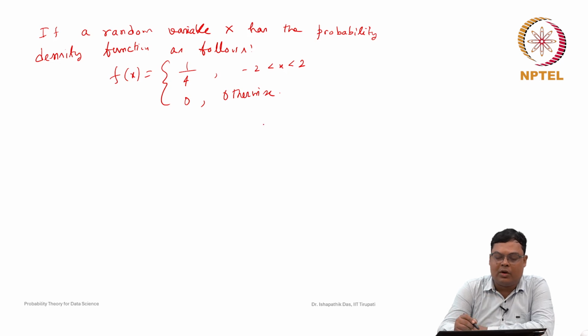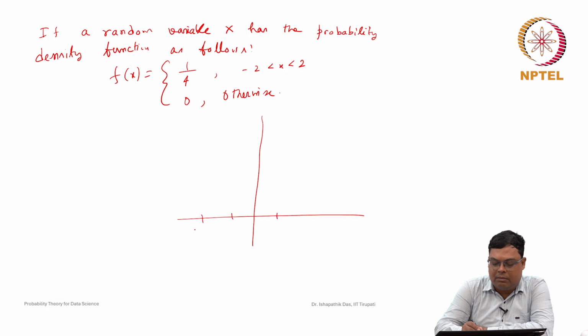If you draw the graph of this probability density function, suppose this is minus 2, minus 1, this is 1, this is 2, 3 like that. It is 1 by 4, so this is constant, it is 1 by 4 from minus 2 to 2.